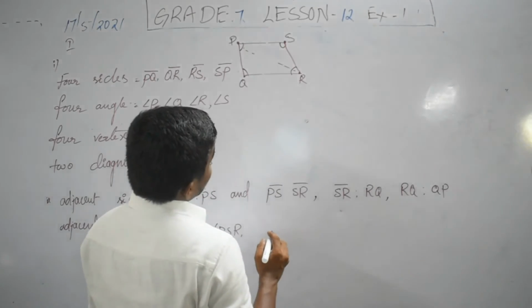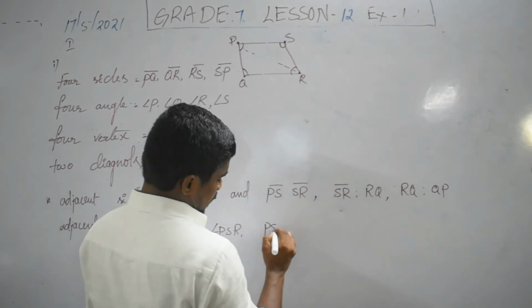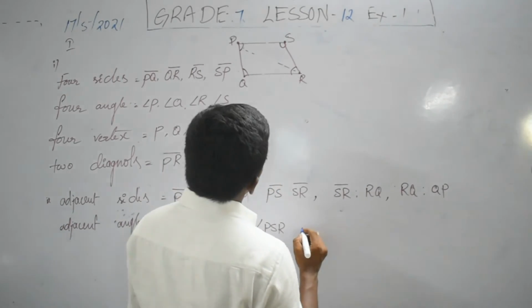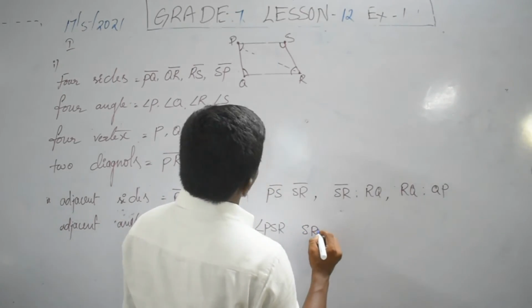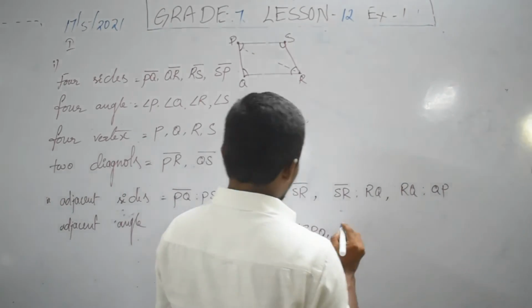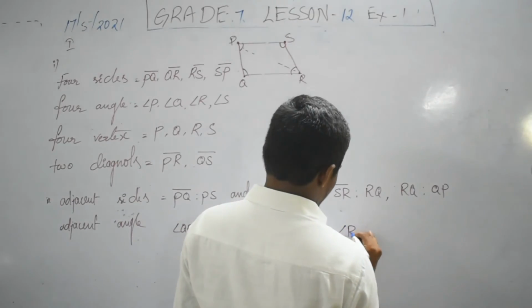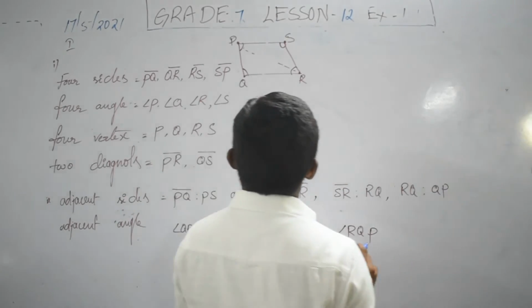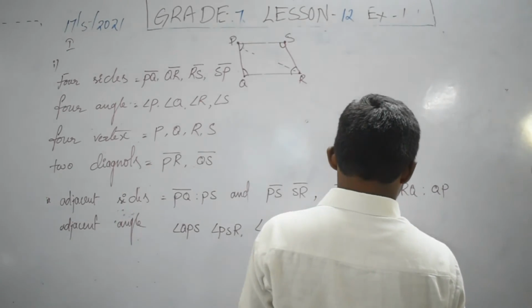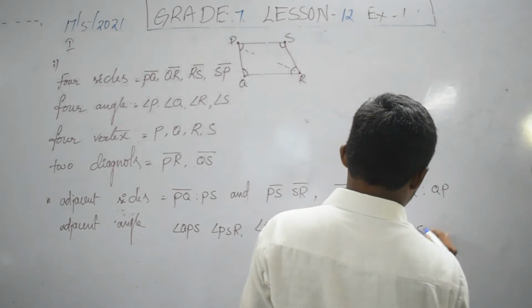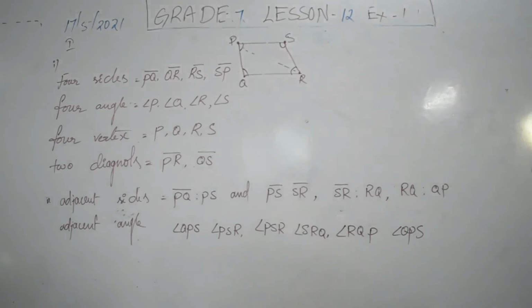Next, angle PSR adjacent angle R, so SRQ. Next, angle SQP, RQP, angle QPS. So these are adjacent angles.